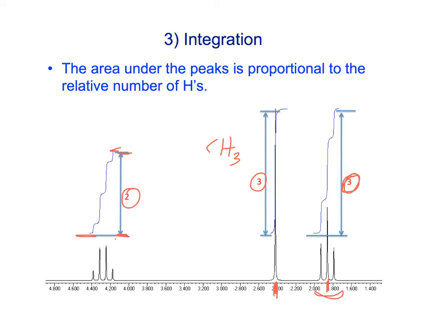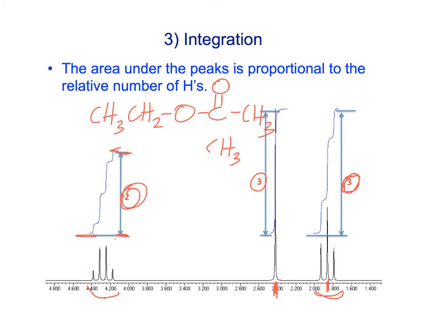And then at the other end, we have a signal that's at 4.3. It's worth 2 protons. All right, so what we have here is a CH3, CH2. This one is so far downfield because it's bonded to oxygen. Then we have our carbonyl, and then we have a CH3 group.